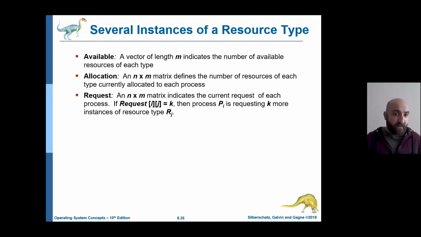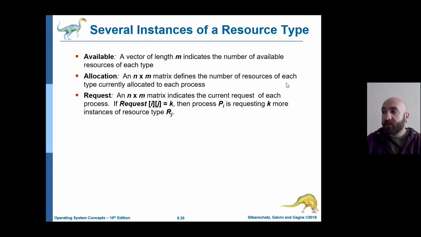And request is a matrix, again of size n times m, which is the current request of each thread. If request[i][j] equals k, then thread Ti or process Pi is requesting k more instances of resource type Rj.